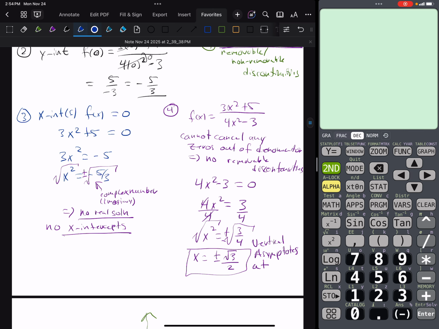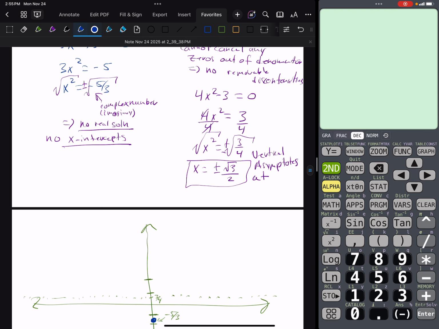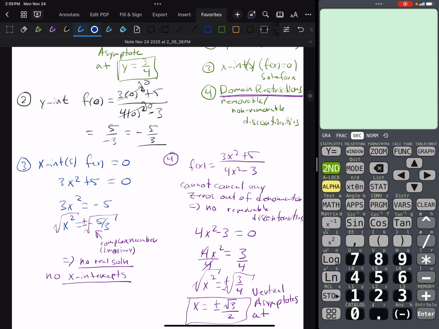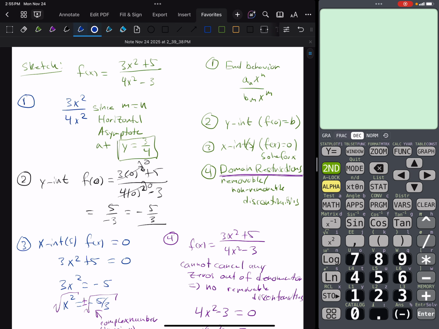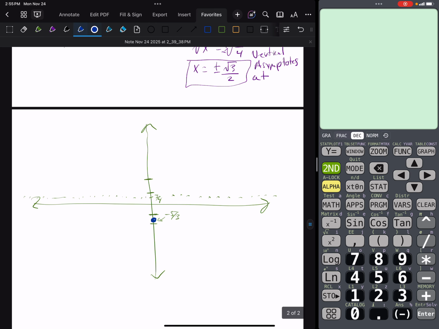And I have no x-intercepts. And I have vertical asymptotes at plus or minus the square root of 3 divided by 2. All right, so I need a little bit of a feel for the square root of 3 divided by 2. I know square root of 3 is what? 1.7 something?